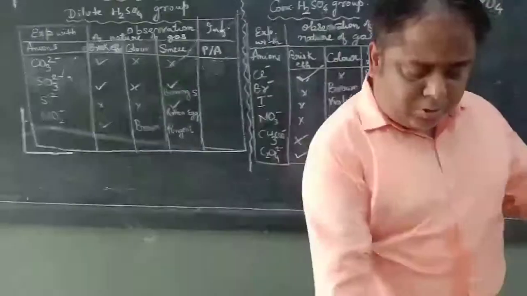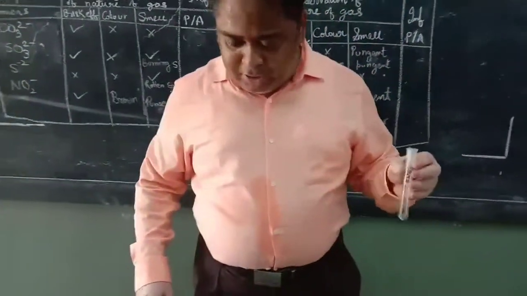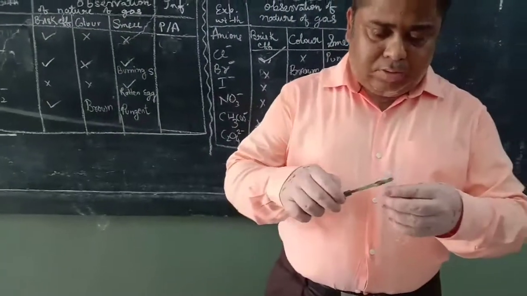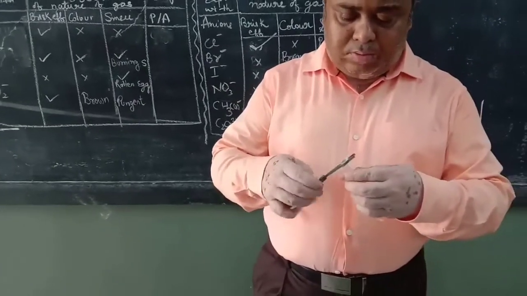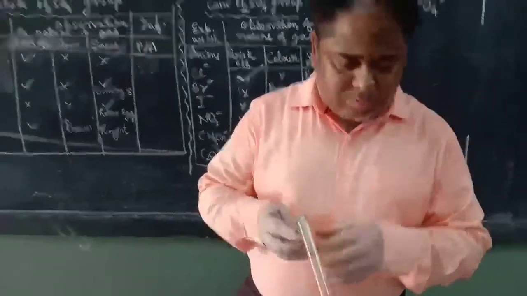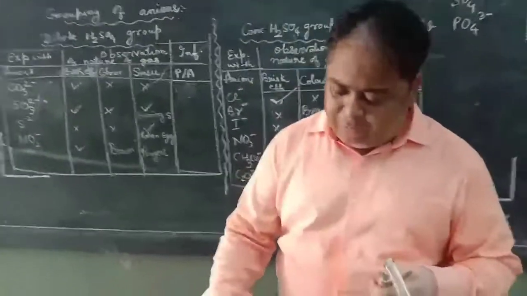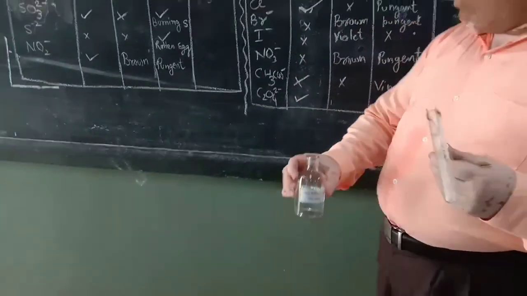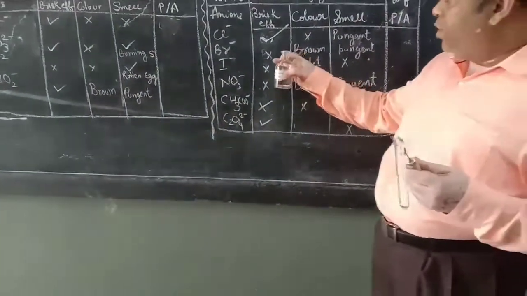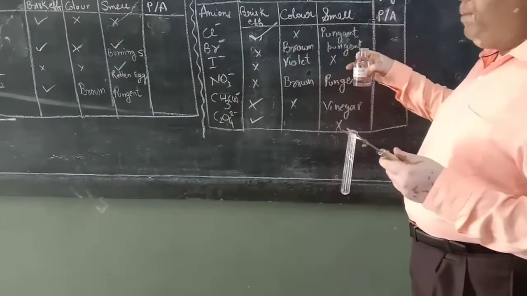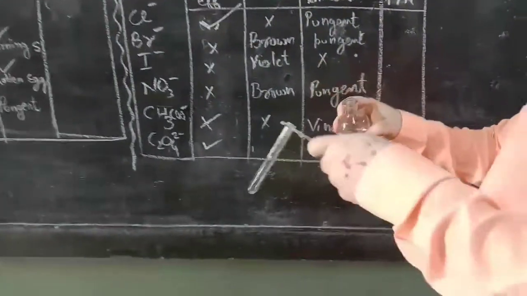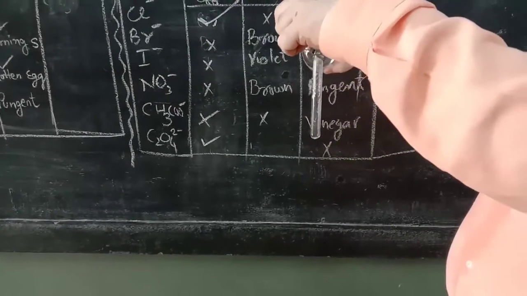I have filled up the bromide salt. Next, I have to put concentrated sulfuric acid. Then I am expecting that brisk effervescence will not be there, brown fumes will be there, and pungent smell will be there. Let us see if our expectation comes true or not.